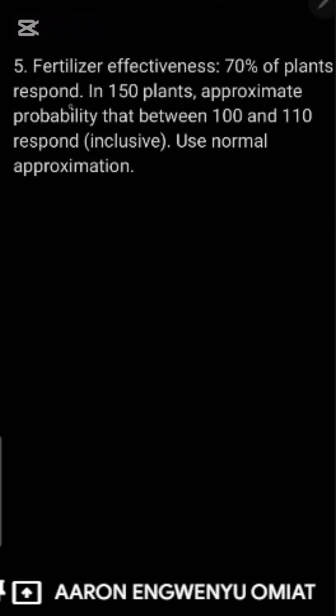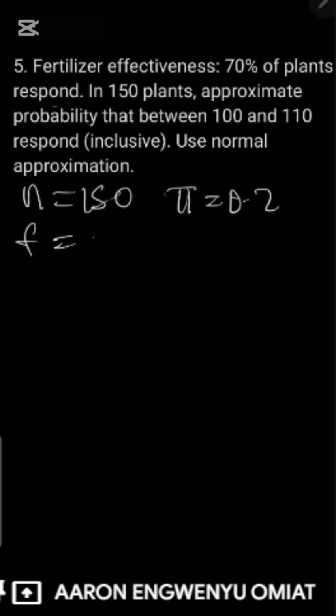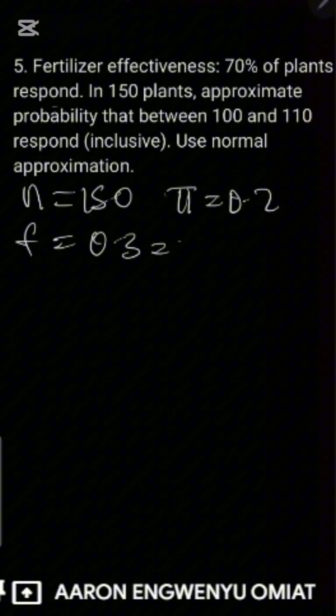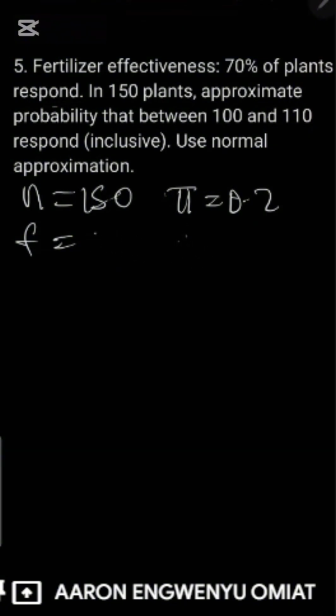Fertilizer, 75% effectiveness, 70% of plants respond. In 150 plants, approximate the probability that between 100 and 110 respond inclusive. Use normal approximation. Here, the number of trials n is 150. The probability of success, pi, is 0.7. The probability of failure is 0.3, which is 1 minus 0.7.